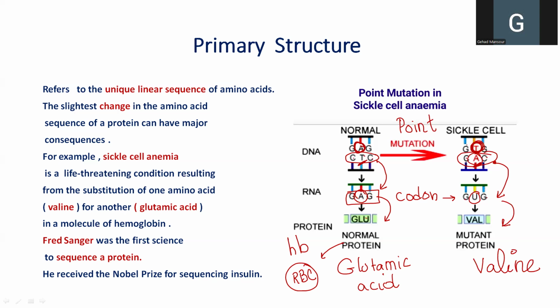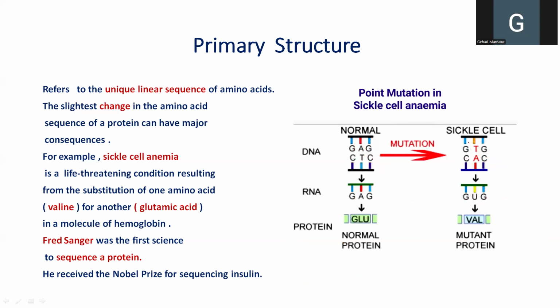This means that if we have a single nitrogenous base changed on the sequence of DNA, which we call a point mutation, this will result in a change of a single nitrogenous base on RNA, and this will give you a totally different amino acid.